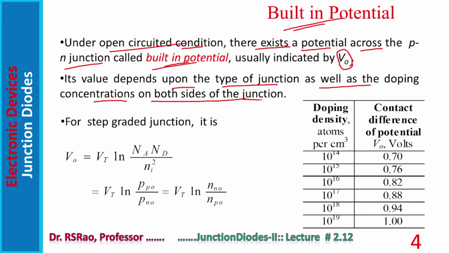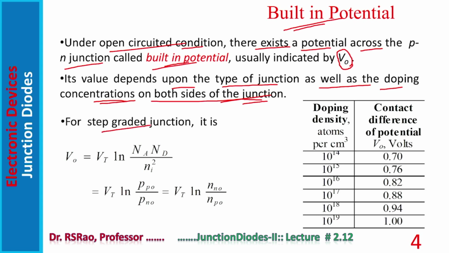So type of junction means the value V0 depends upon whether the junction is a step graded junction or a linear graded one. V0 also depends upon the doping concentrations on both sides of the junction.